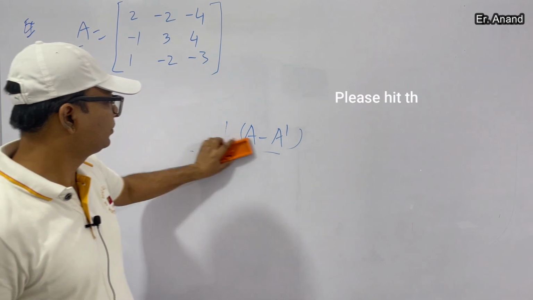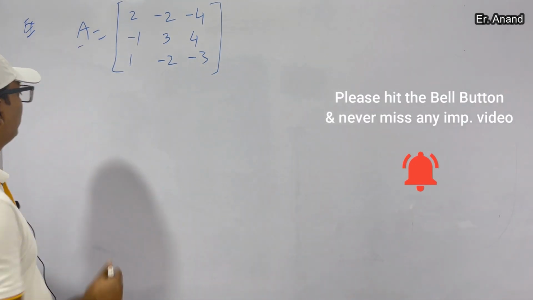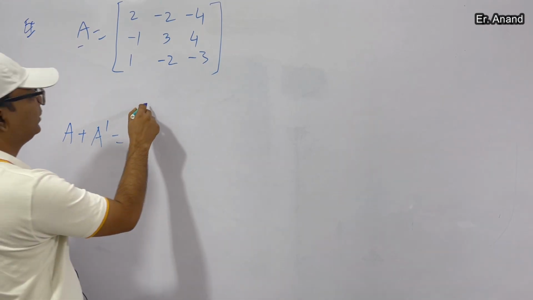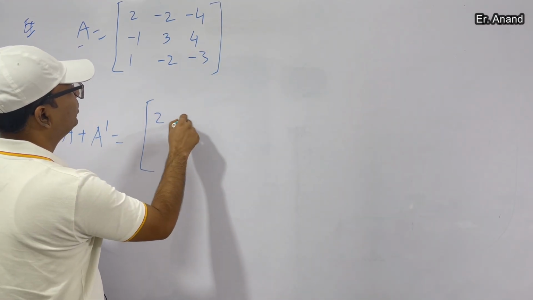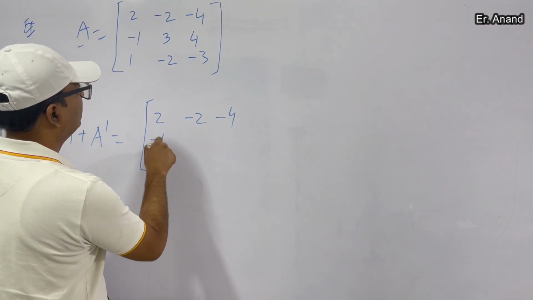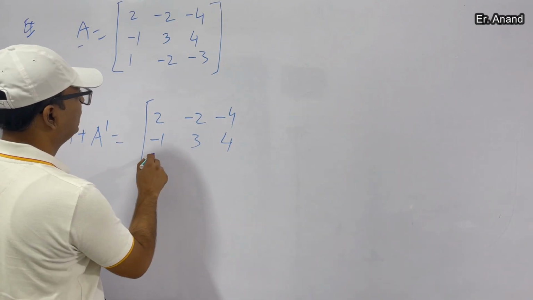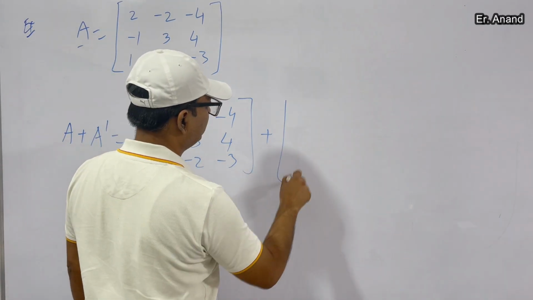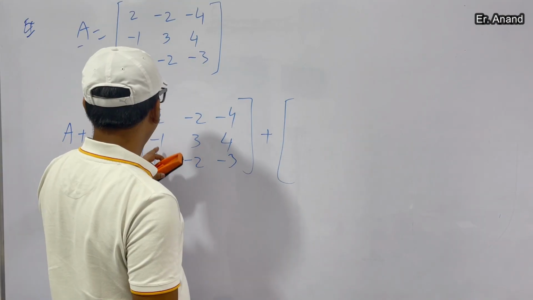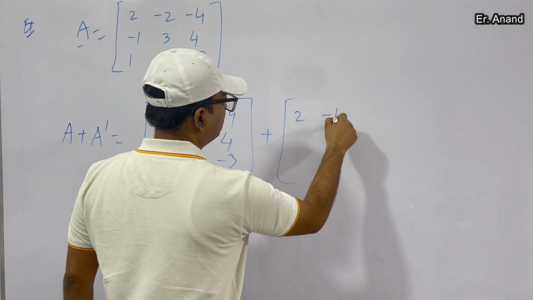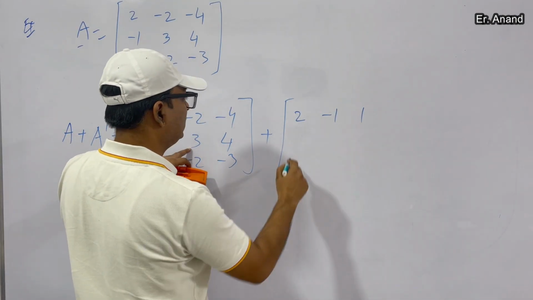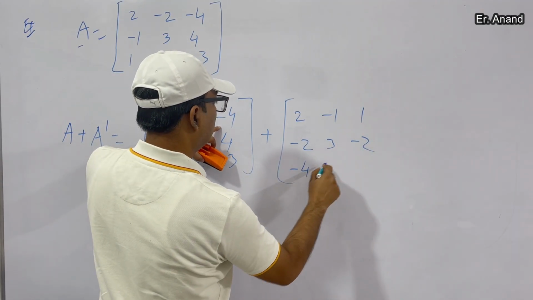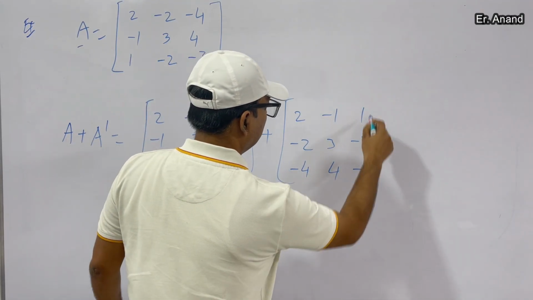Let's see. First of all, let's see what is A plus A dash. A is 2, minus 2, minus 4; minus 1, 3, 4; 1, minus 2, minus 3. Plus A dash. A dash is 2, minus 1, 1; minus 2, 3, minus 2; minus 4, 4, minus 3.